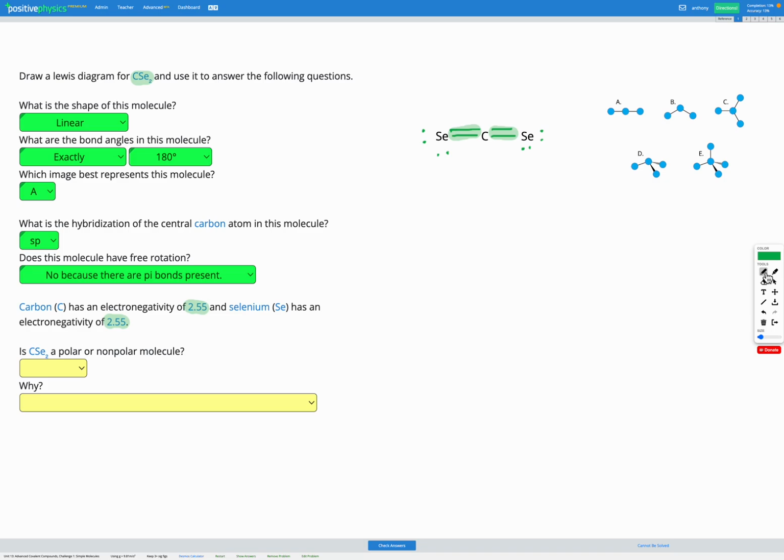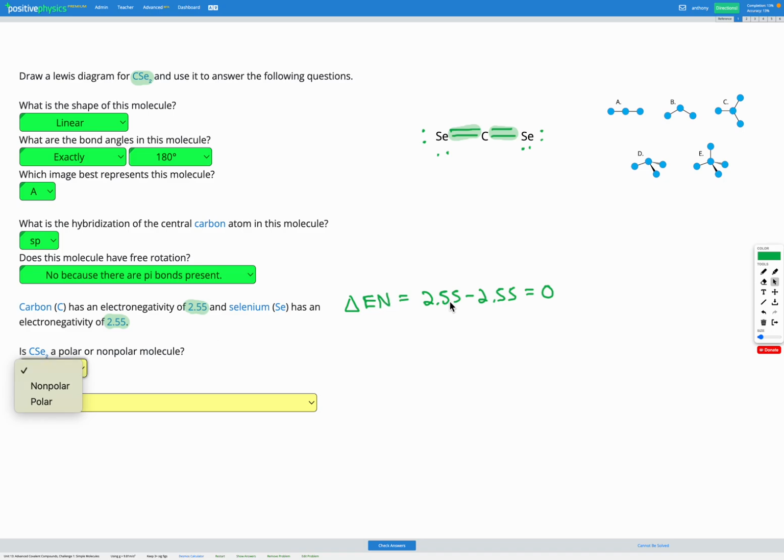Now, since carbon and selenium have the same electronegativity, the difference in the electronegativity here is 2.55 minus 2.55, which actually equals 0. So our electronegativity difference is 0, and we have a rule that if the electronegativity difference is less than 0.4, then we have non-polar bonds.